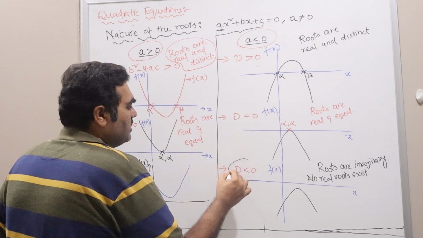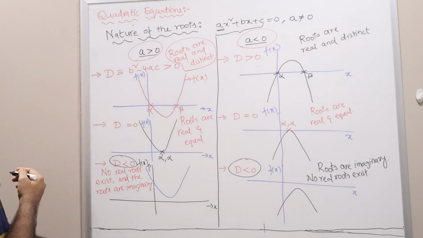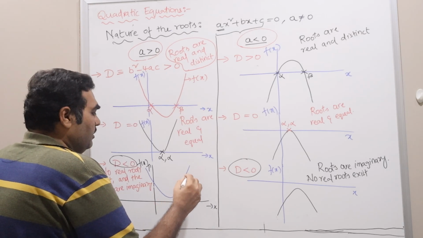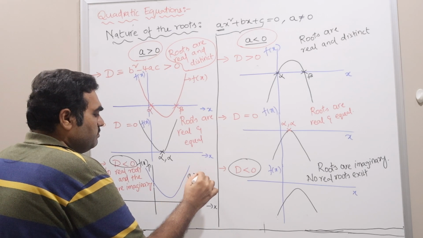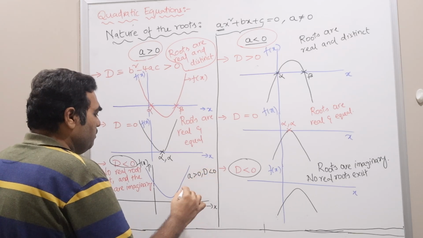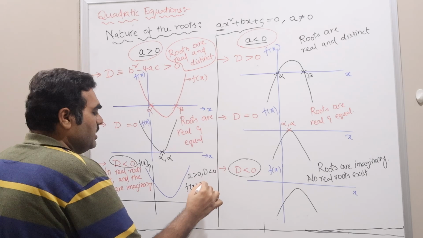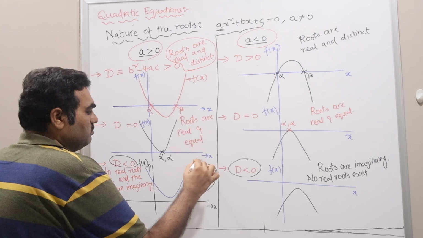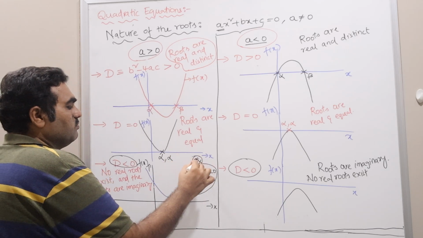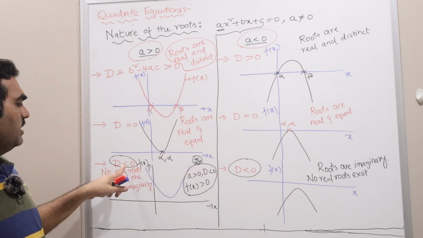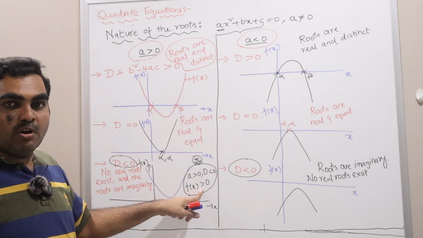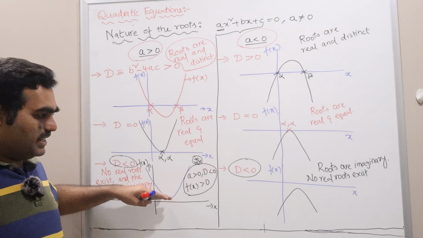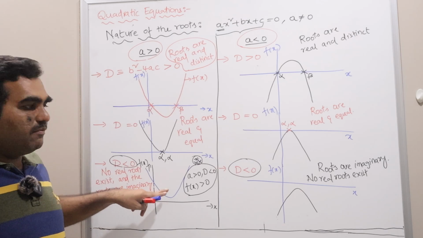You can write a conclusion here: when a is greater than 0, when d is less than 0, your f of x is strictly greater than 0. This is a very, very important conclusion. When a is greater than 0, when d is less than 0, your f of x will be greater than 0 always. Absolutely well above the x-axis. It is above the x-axis, means f of x is greater than 0.